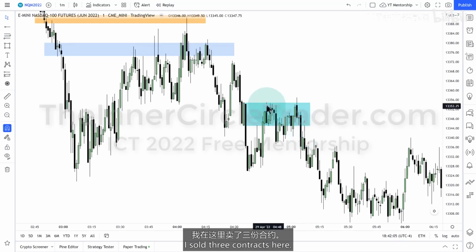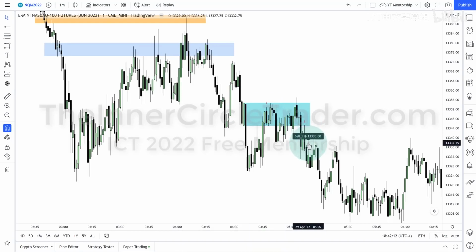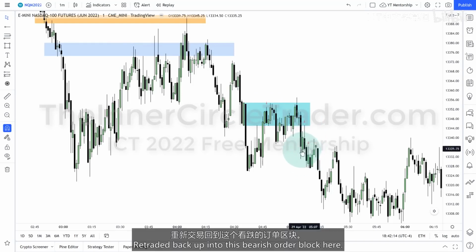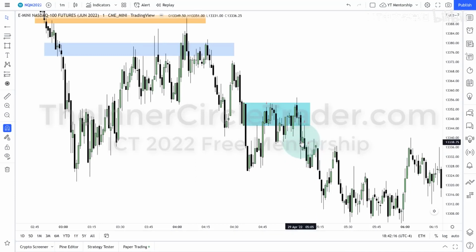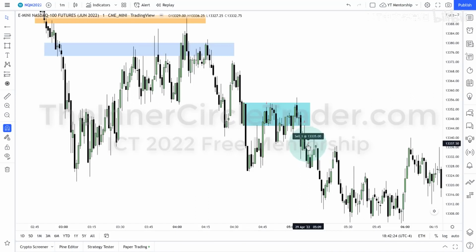I sold 3 contracts here. I sold 2 contracts here. And then I entered again here, after it retraced back up into this bearish order block. So it moved down, came back up in, and I'm selling short here. What's the low on that candle? Right here.